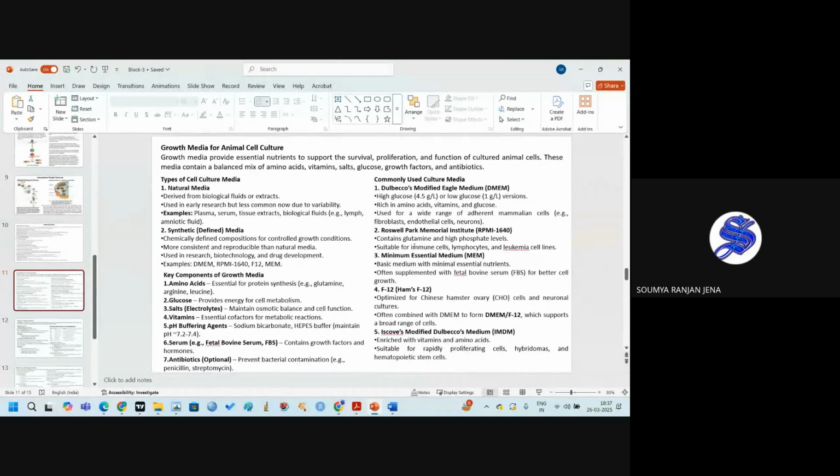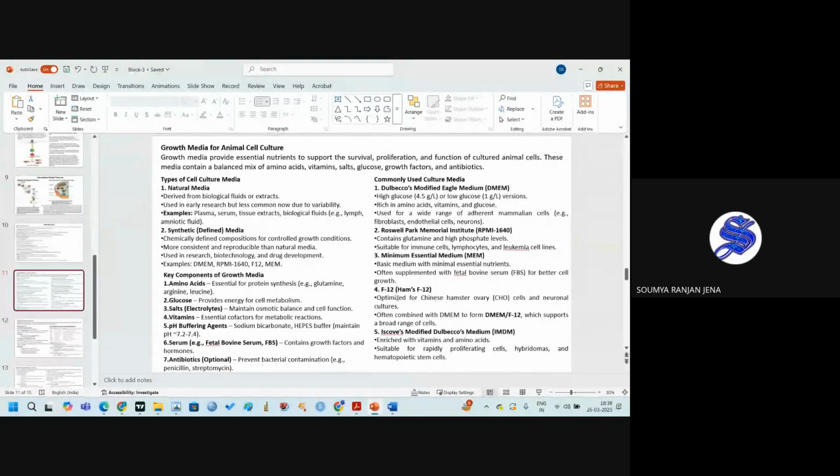Here, most of the time we use this RPMI 1640, and then the minimum essential medium. If we want to maintain the cell growth slowly, then we use basic medium or minimal essential medium, often supplemented with fetal bovine serum for better cell growth.